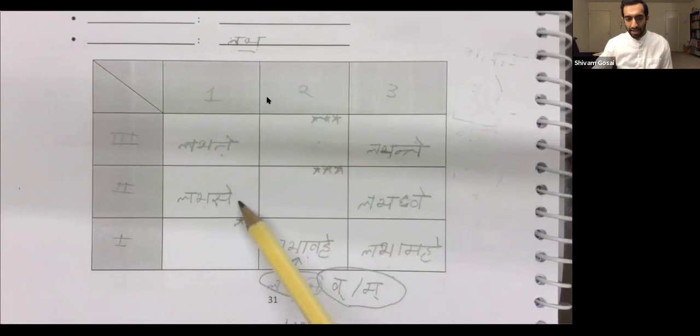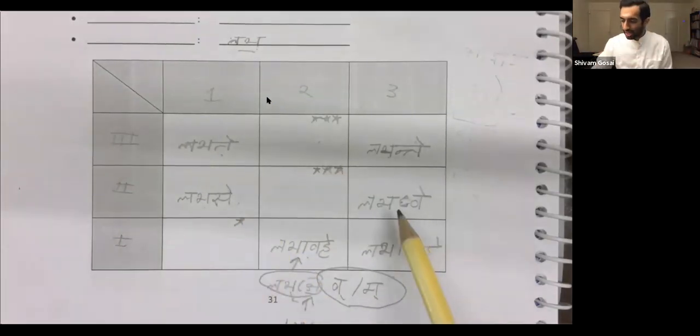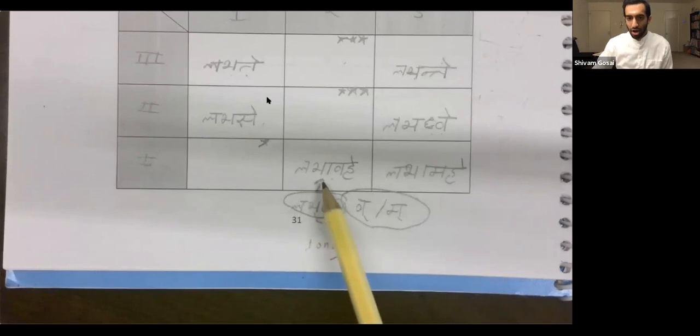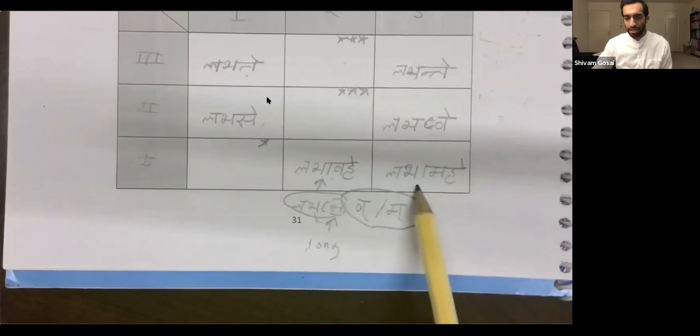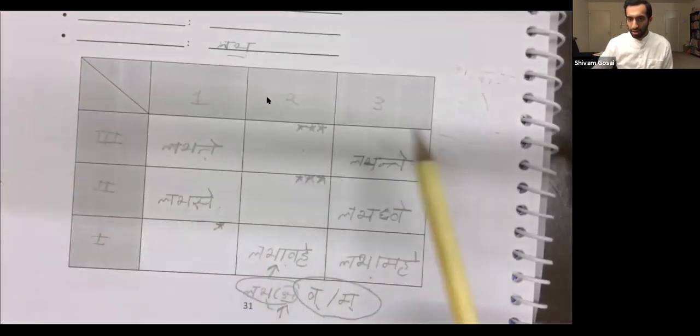Labha plus se, we get labhase. We're just adding them, putting them together. Labha plus dwe, we get labhadwe. Labha plus vahe becomes labhavahe. Labha plus mahe becomes labhamahe.